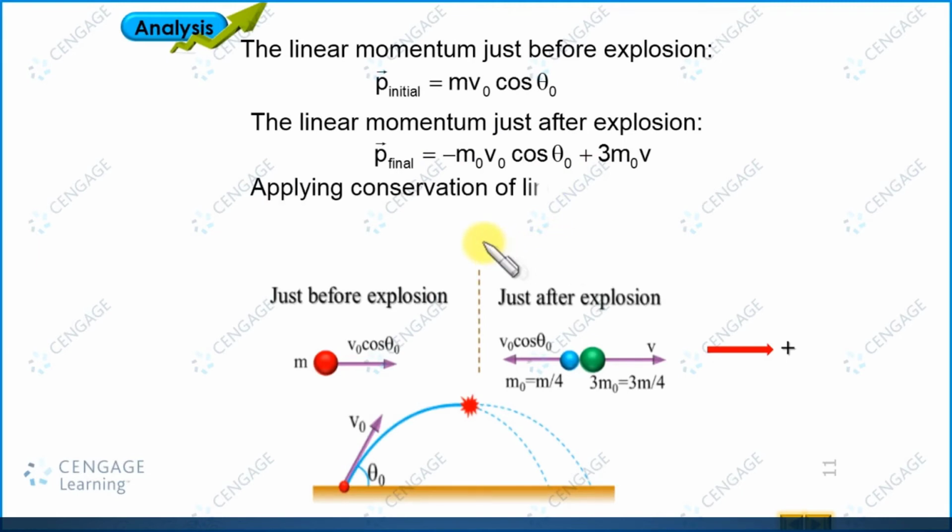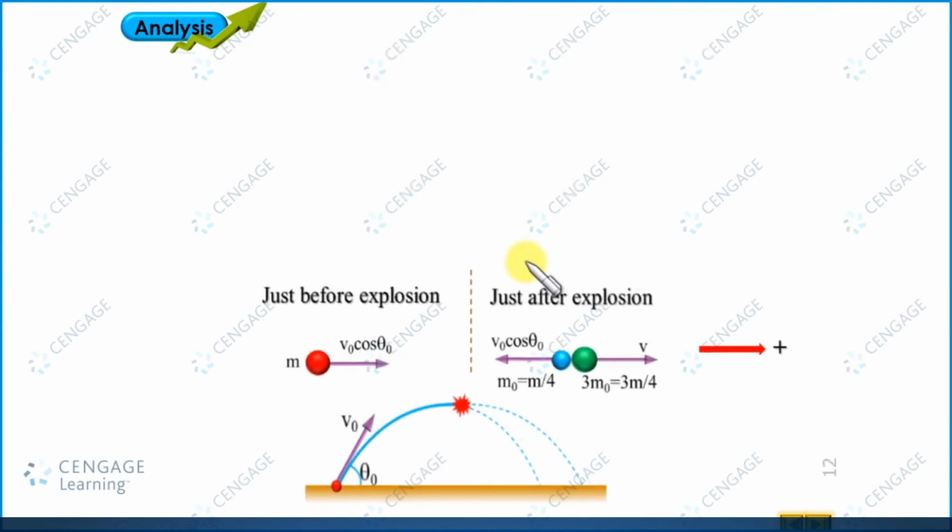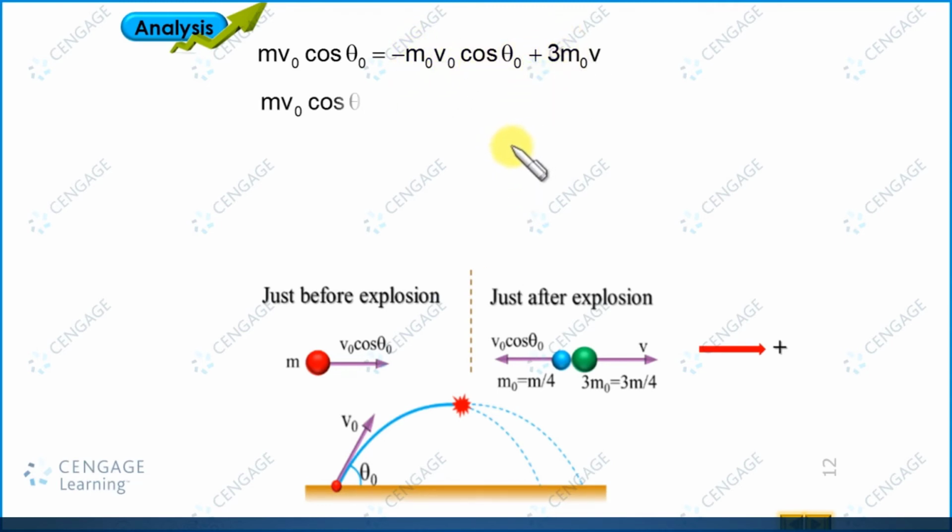So let us conserve the linear momentum principle in the horizontal direction. This is the initial linear momentum just before explosion. This is the linear momentum just after explosion. So let us substitute the masses m/4 and 3m/4. You can observe this m and this m will get cancelled.